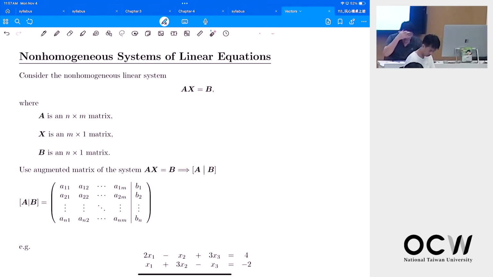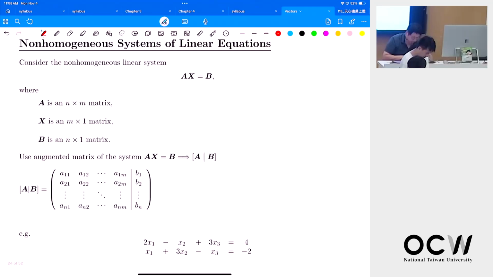We can use the augmented matrix. What is the augmented matrix? I have my matrix A, but I also put one column for B here. And I use a bar to separate that, to remind you that this is not part of your system A. So for the augmented matrix, I have a bar, and then I put the matrix B after.